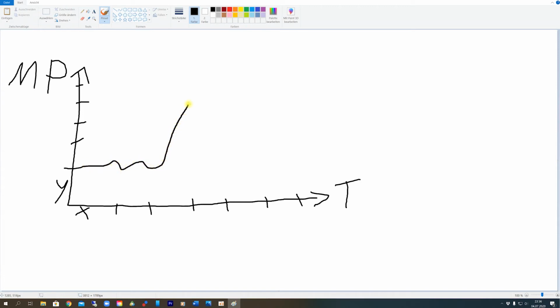You have the normal money printing, so the normal noise of the market, and then something is happening and the Fed is starting to expand their money printing actions. They are printing more and more money, for example, here, here, here, and here.